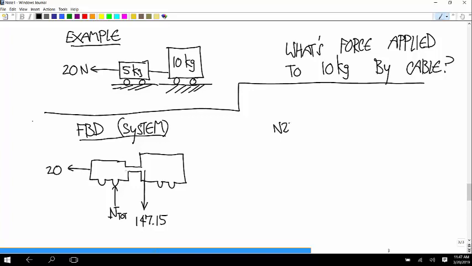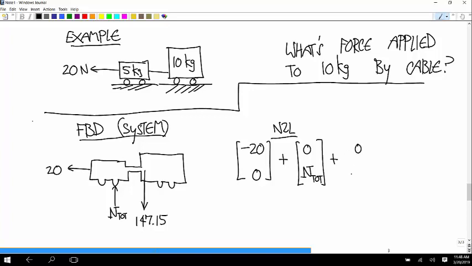So Newton's second law says negative 0 plus 0 N total plus 0 negative 147.15 is equal to the mass times the acceleration vector. How are we going to represent the acceleration vector?